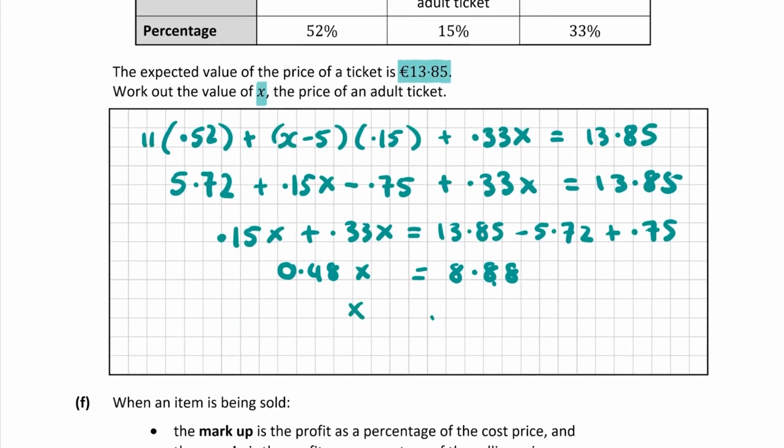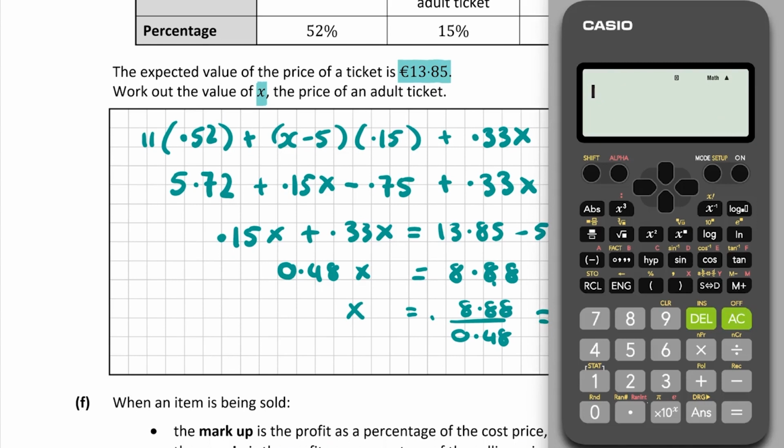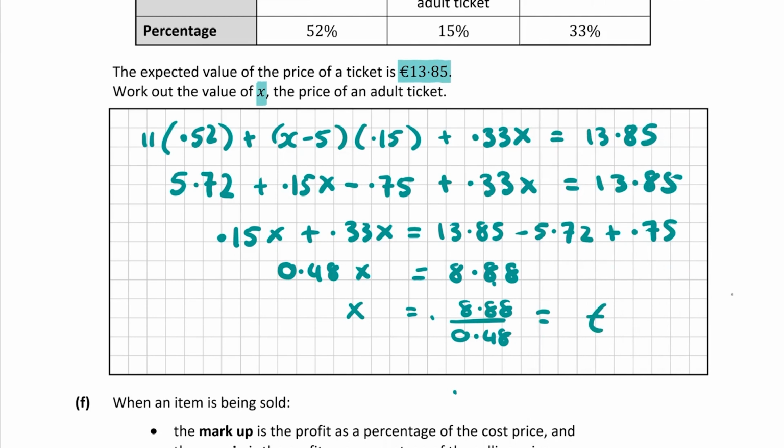So to find x, we divide 8.88 by 0.48 and see what we get. And we get €18.50. So that's the price of an adult ticket. The value for X, €18.50. And for this question, you're going to get a total of 10 marks.